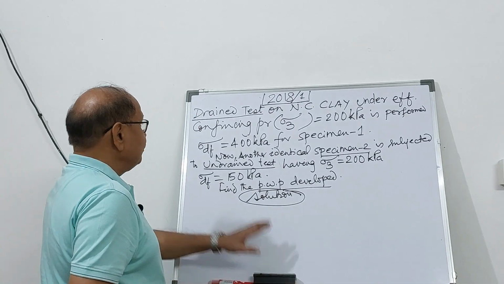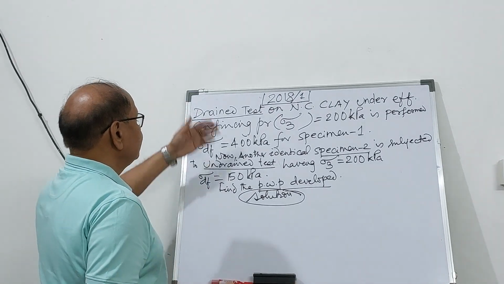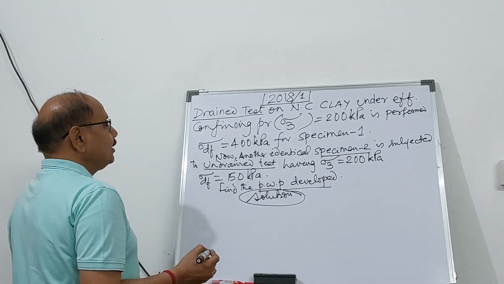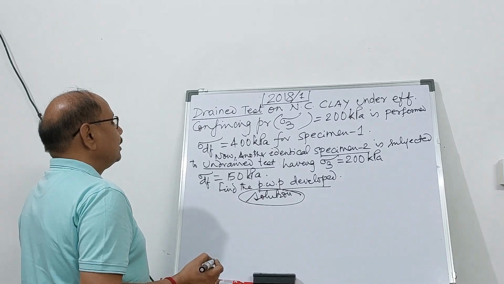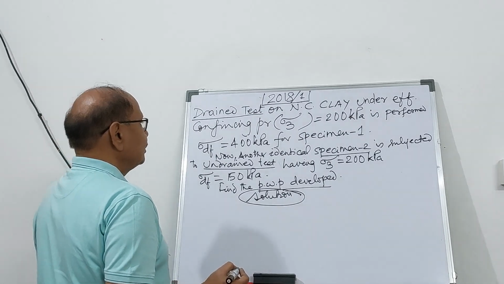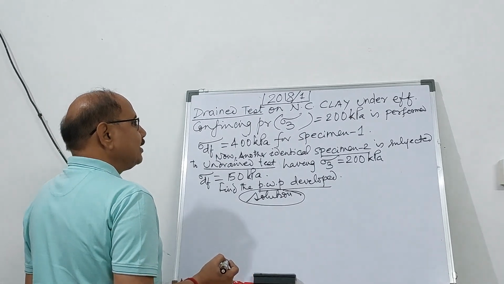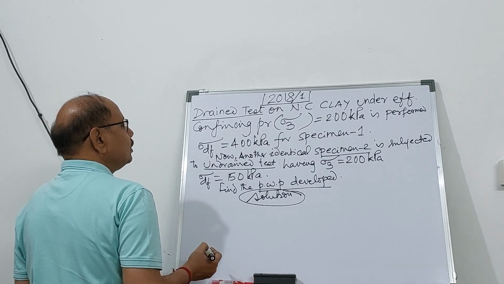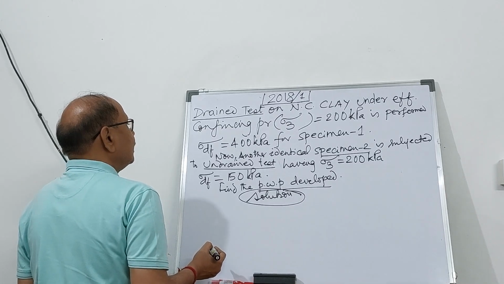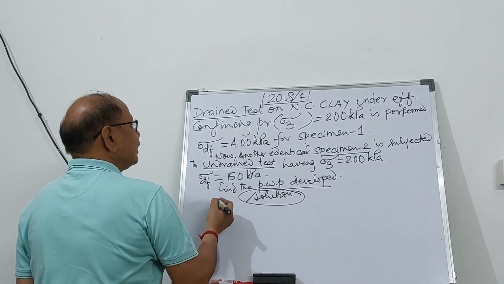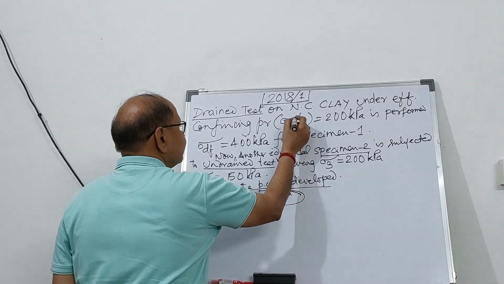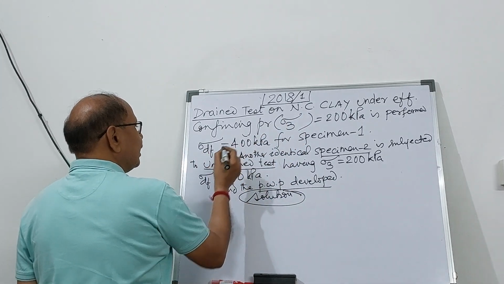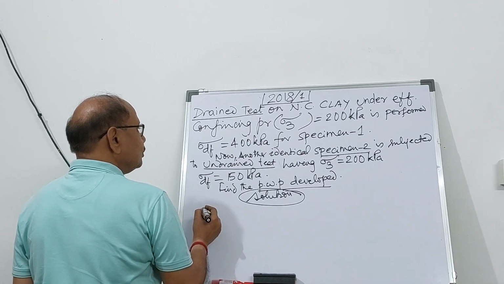So a good number of problems we have seen, so it should be easy. You have a drained test on a normally consolidated clay. So c will be 0, NC clay, and the effective confining pressure is given to you, and sigma df is also given to you.